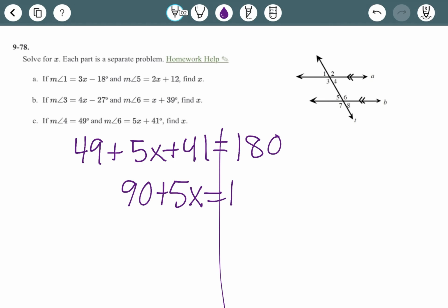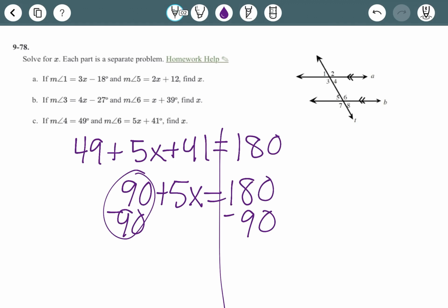and equals 180. To get that 5x by itself, I'm going to subtract 90. I do that on this side as well. So I'm left with 5x equals 180 minus 90, which is 90. To get my x by itself, I need to divide by 5.